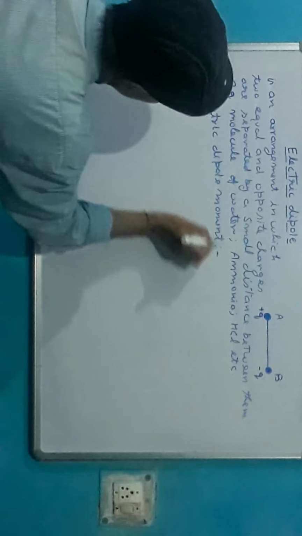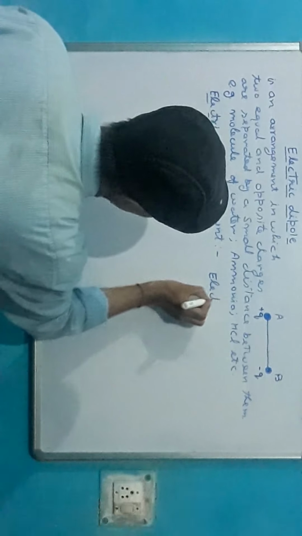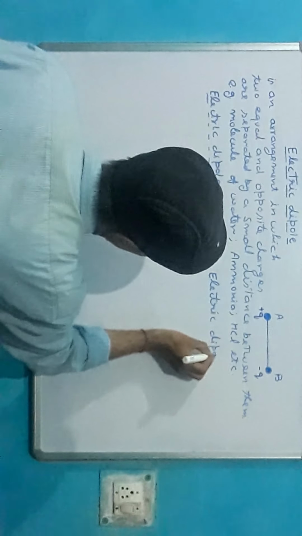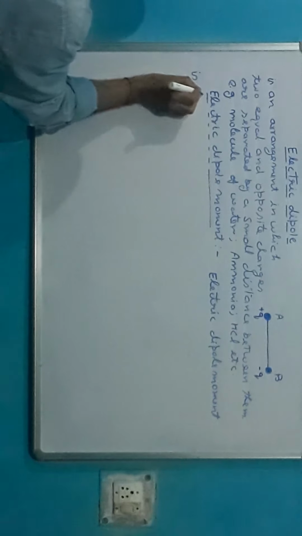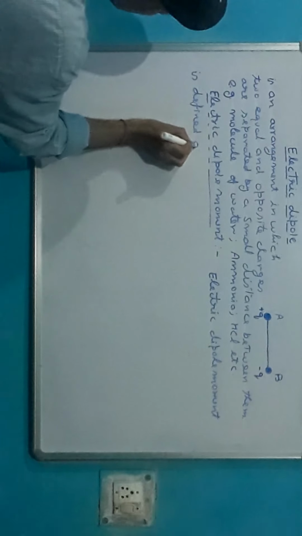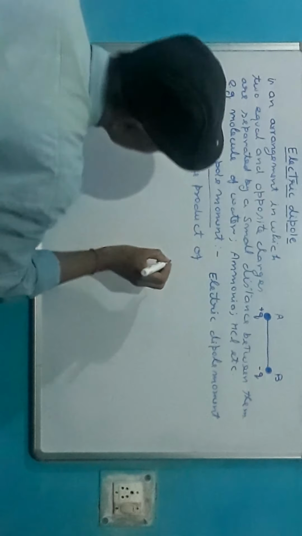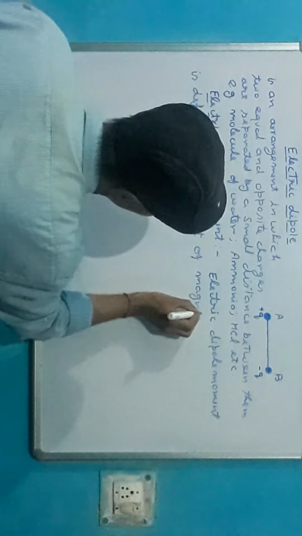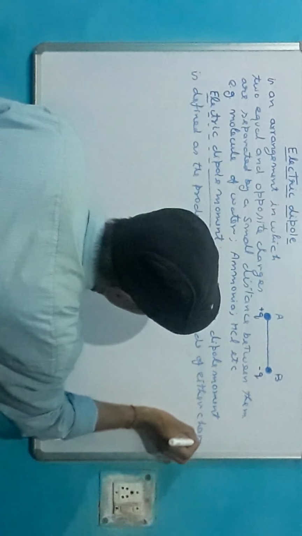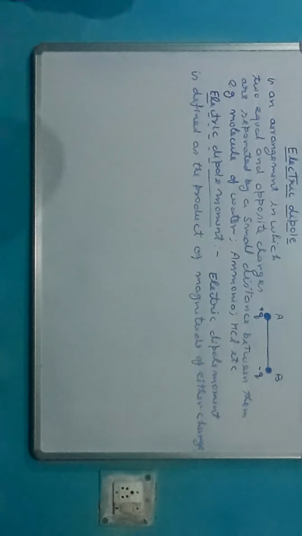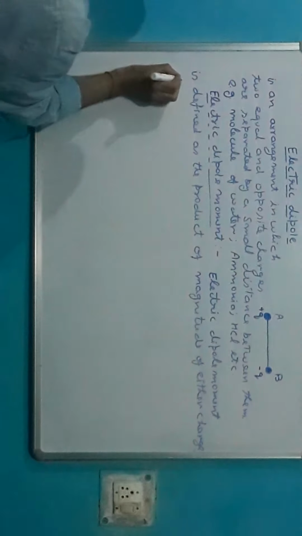It is denoted by P, and electric dipole moment is defined as the product of magnitude of either charge and the distance between them.